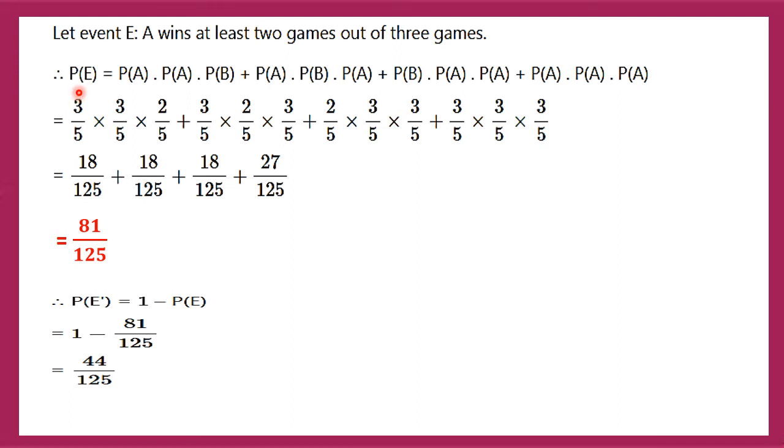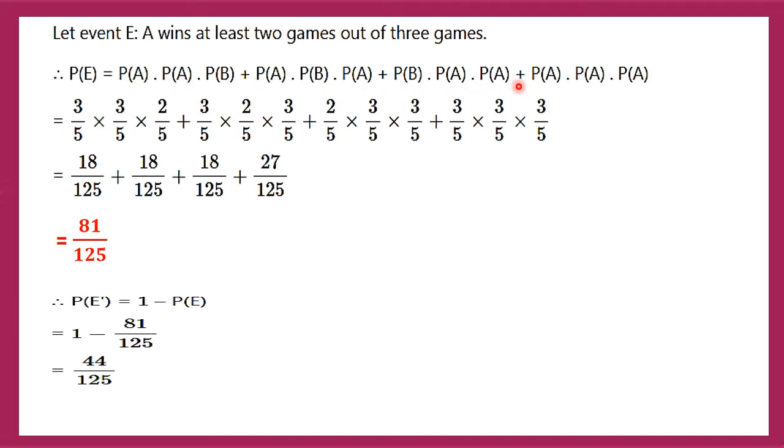So P(E) can be written as P(A) into P(A) into P(B), meaning A wins 2 games and the third game is won by B. And the second case, first game won by A, second game won by B and the third game won by A, so A wins first and third. In the next case, first game won by B but second and third won by A. These are the cases where A wins 2 games.